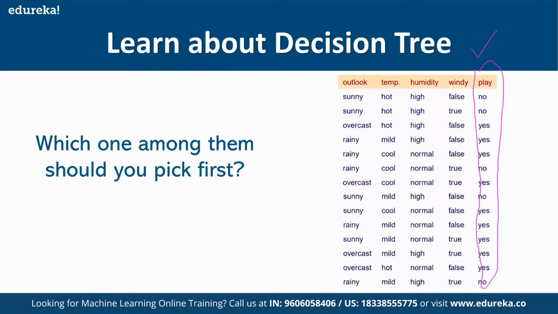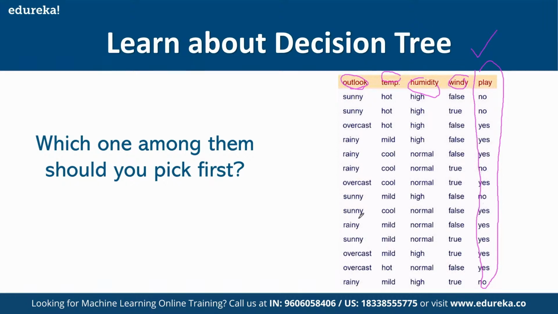On the basis of what? On the basis of four different variables or features in the data set: outlook, temperature, humidity, and wind. So it can be like: if the outlook is sunny, temperature is hot, humidity is high, wind is not there, I will not play the match. This is how you read one data point. Similarly, I have multiple data points.